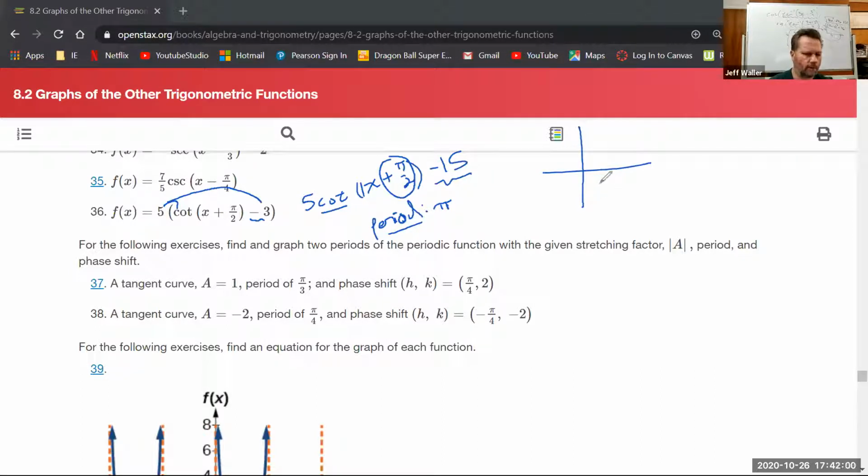All right. Here's a little connection for you. This connection requires you to know something. So the inverse sine, what is the domain? I'm sorry. What is the range of the inverse sine?